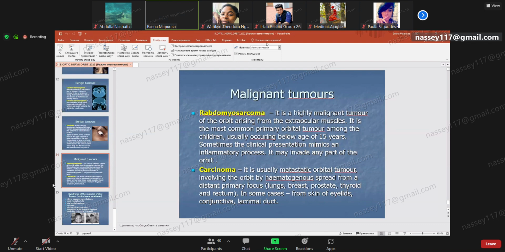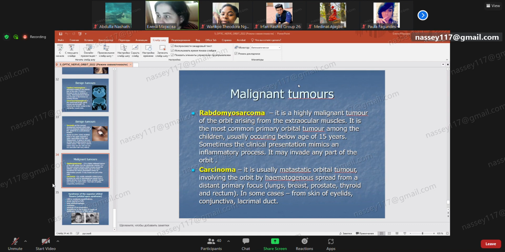But one of the main tasks of the doctor, if we have a malignant tumor, is to recommend to this patient consultation of an oncologist, and we need to recommend examination and inspection of other organs.